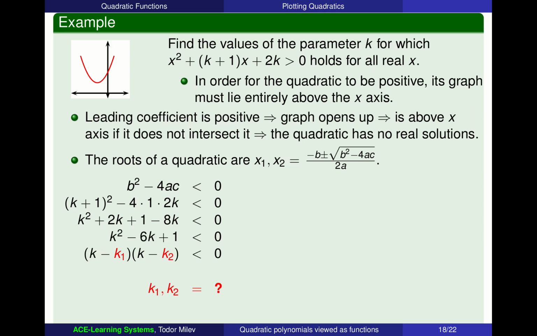Okay. So what are the values of k1 and k2? Let's see. Can we guess these roots? Okay, let's not guess it. Let's use the formula minus b plus or minus radical of b squared minus 4ac over 2a. So b equals negative 6.